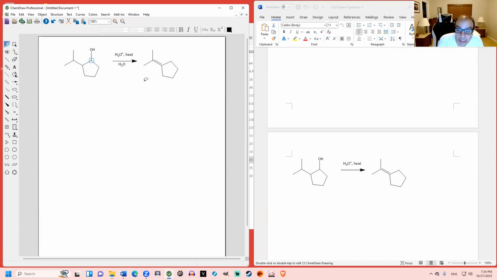So we're going to get an elimination reaction, elimination of water, and formation of a double bond, but there's been a carbocation rearrangement. So this is an E1 reaction with carbocation rearrangement.